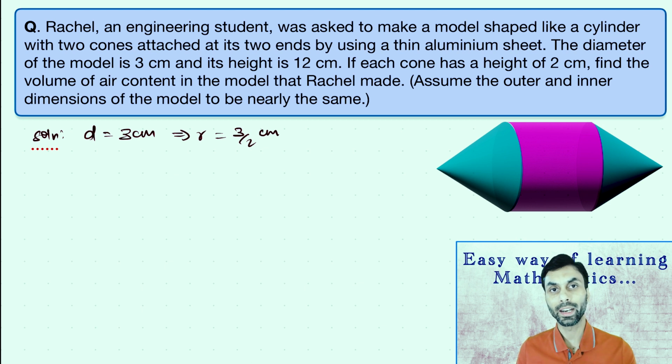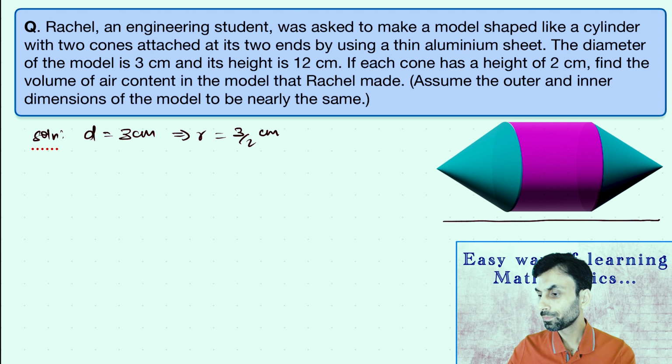Here, the radius is the same for the cone as well as for the cylinder. Its height is 12 centimeters. So the height of this model is 12 centimeters.